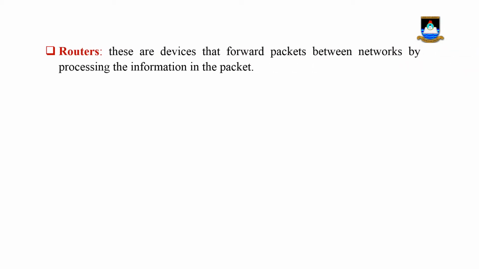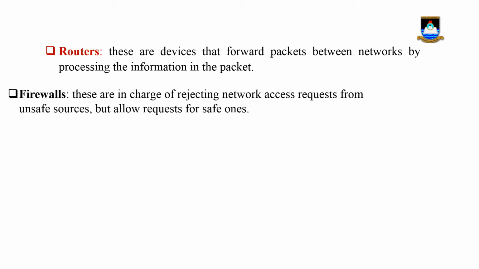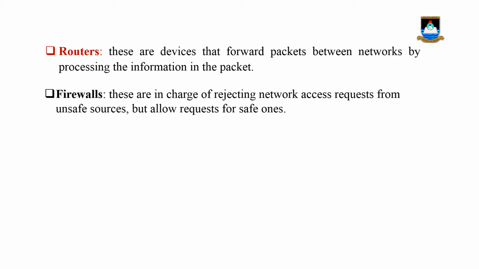Routers. These are devices that forward packets between networks by processing the information in the packets. Firewalls. These are in charge of rejecting network access requests from unsafe sources but allow requests for safe sources.